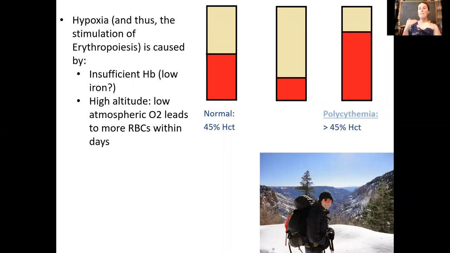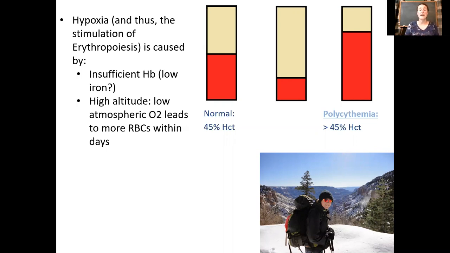When you have more red blood cells than 45%, again on average, so when you have a high red blood cell count, this is called polycythemia. Again, big clunky word, but essentially poly, many, cyth, cells, emia, in the blood. So you have many blood cells in the blood. This can be indicative of disease, and we'll talk about that more in a bit.